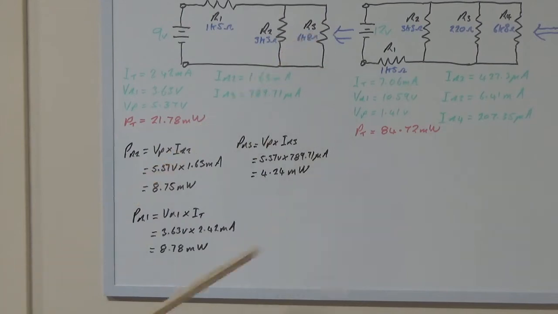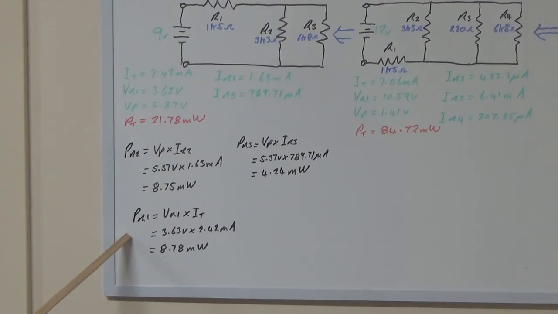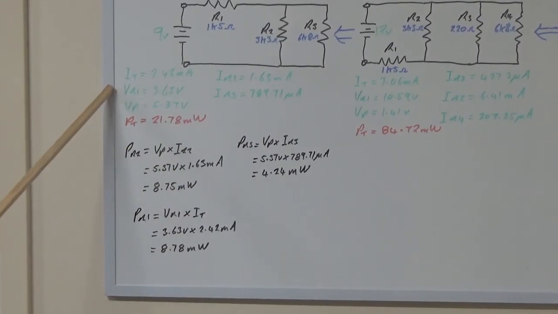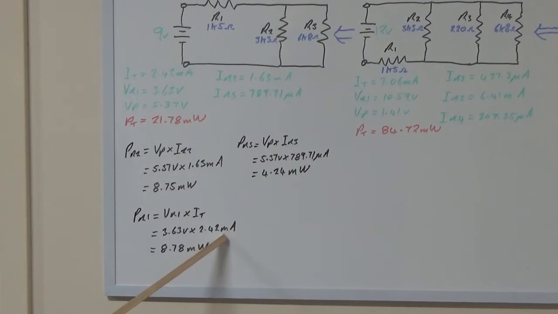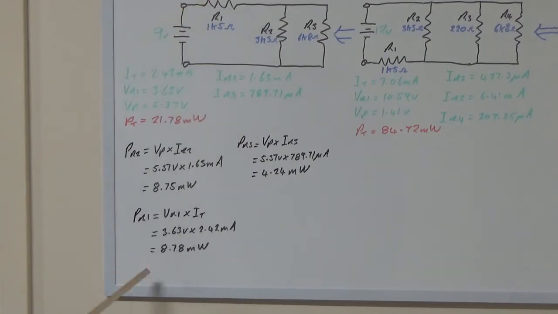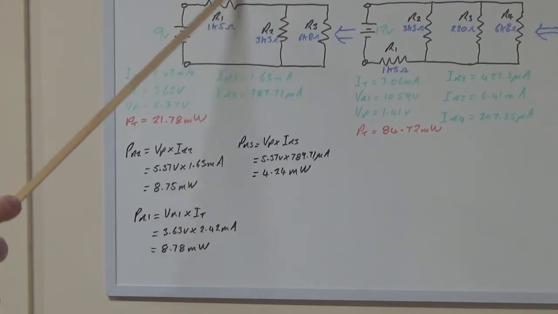being consumed by R3. Now we have to take in R1 as well, and this is where you've got to be careful what voltages you're using. For R1, the voltage drop across R1 is 3.63 volts, as you can see there, and you've got the total current passing through R1, which is 2.42 milliamps, and we end up with a power consumption of 8.78 milliwatts for that resistor.